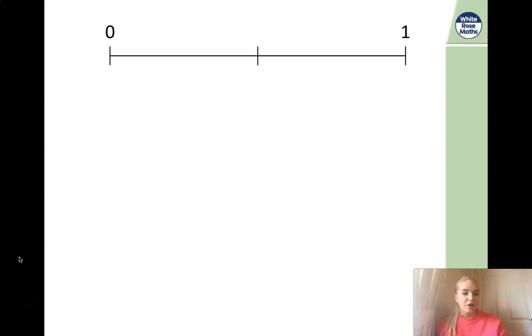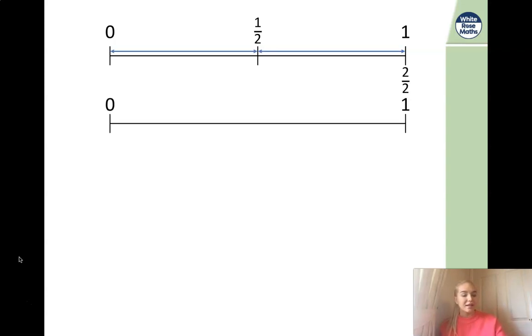Now I am going to show you some number lines here. And the first number line I can see goes from 0 to 1. And it's split into 2 parts, so each part is worth 1/2. Now my next number line again is split by 0 and 1, but this time it's split into 4 equal parts.